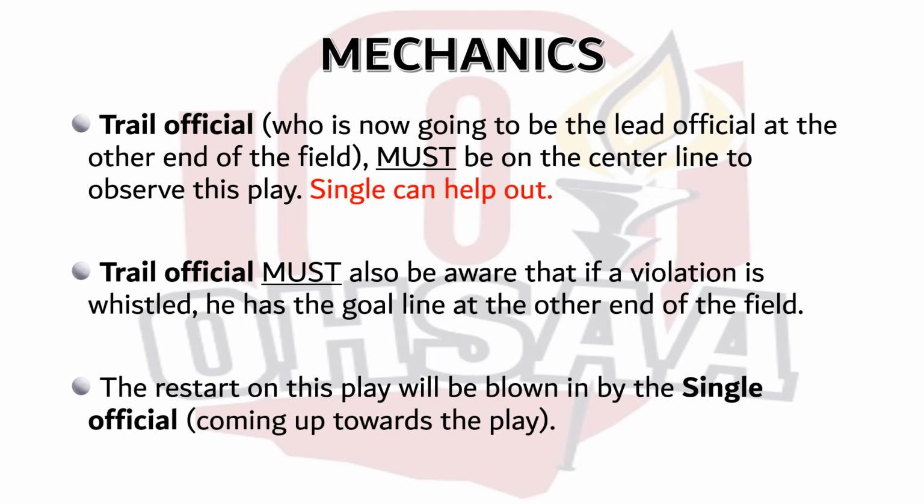Get to the other end of the field. The single official needs to be moving towards the play and restart that play, because that gives the trail official an opportunity to get back to where they need to be, and it also engages that single official to be part of the play.